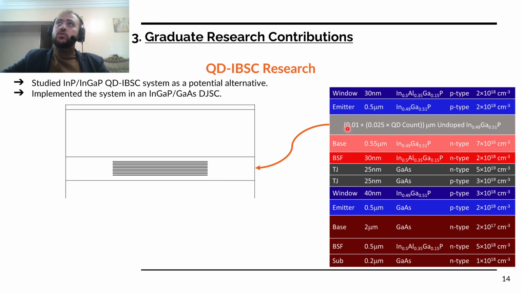Our implementation was for quantum dots in the intrinsic region of the indium gallium phosphide junction. Knowing that the indium gallium phosphide junction is the current limiting junction in the dual junction solar cell, it should enhance the overall current of the solar cell. This is the second point.